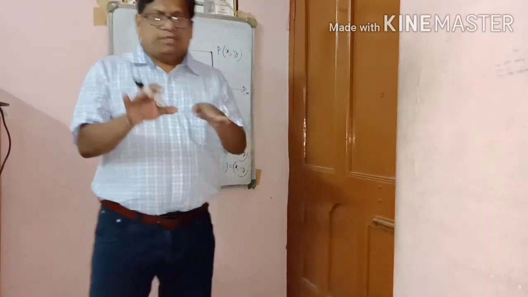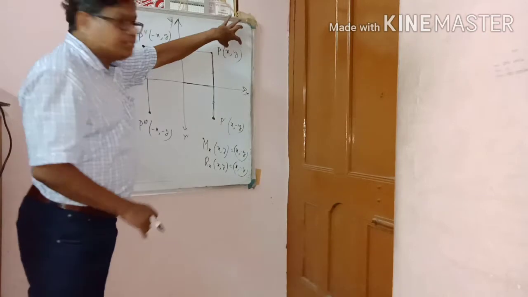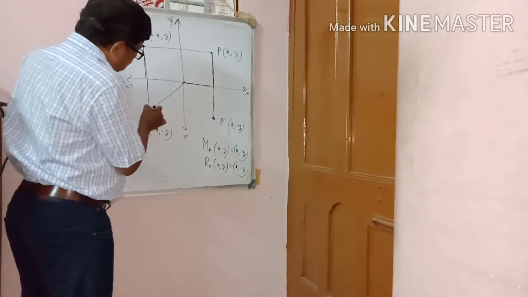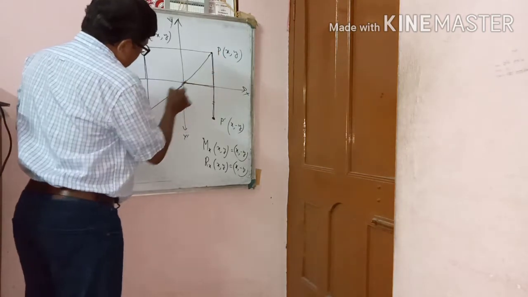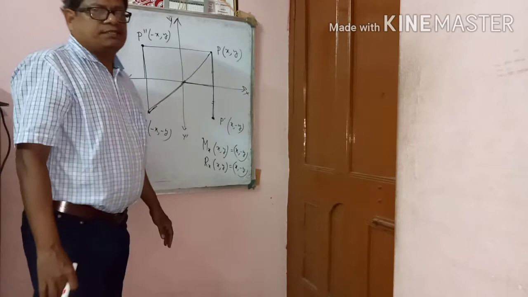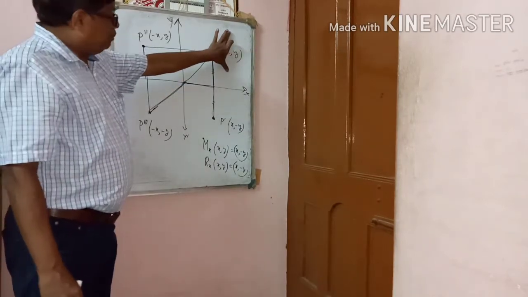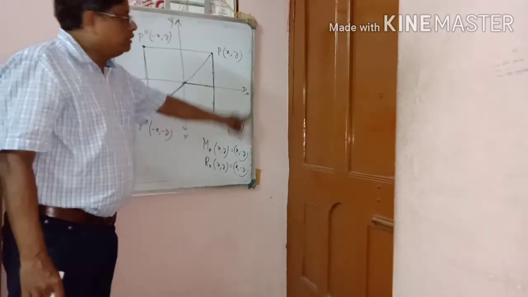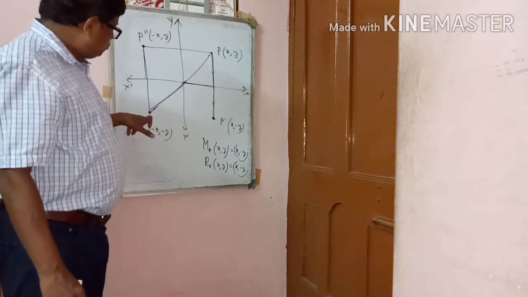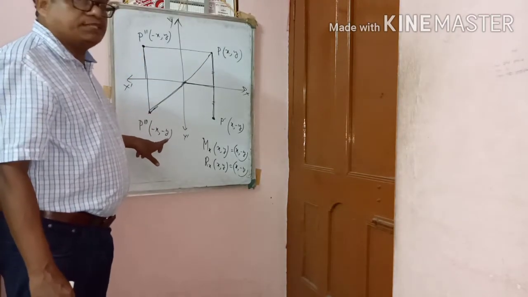Both signs change: here is x, y, here is minus x, minus y. So reflection along the x-axis gives x, minus y; along the y-axis, minus x, y; along the origin, minus x, minus y.